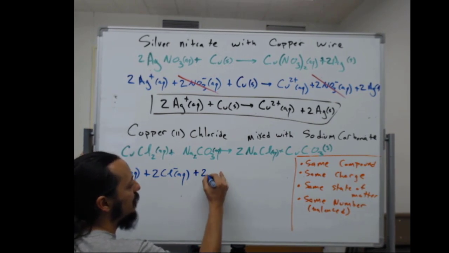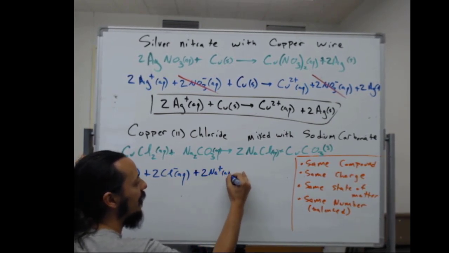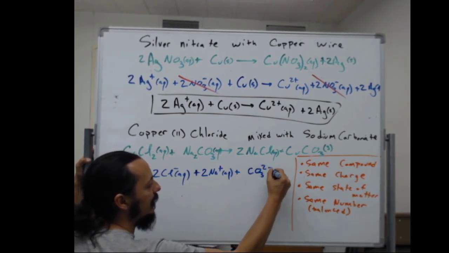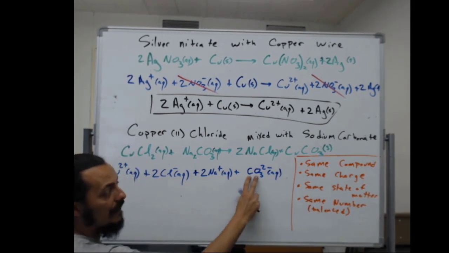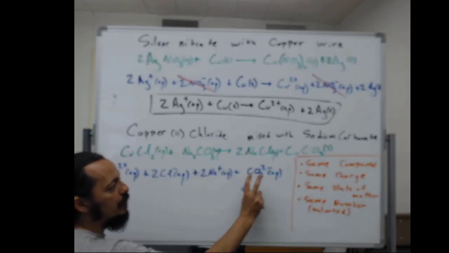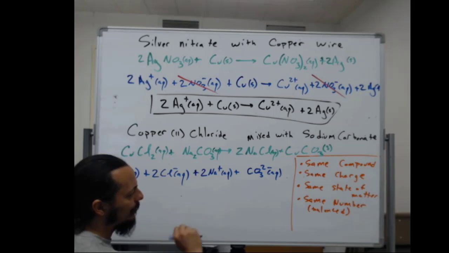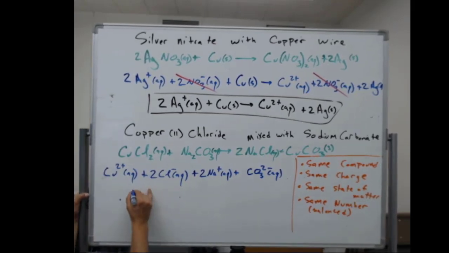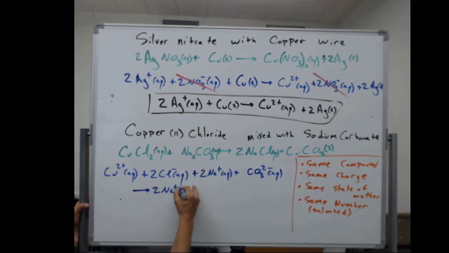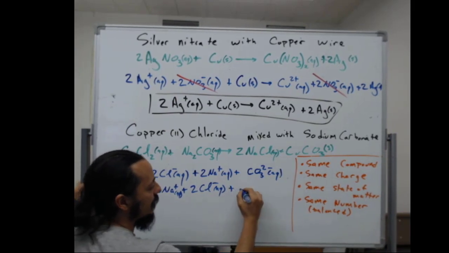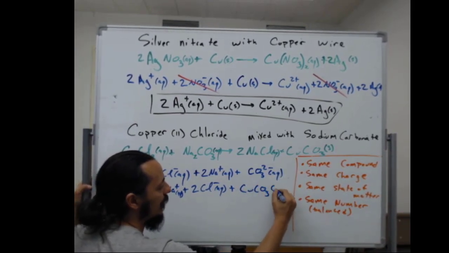I get plus 2 Na+ aqueous, and then plus CO3 2- aqueous. Notice the covalent bonds in this polyatomic ion do not break apart. I leave the covalent bonds between the carbon and oxygens together. Then the arrow, and we'll have 2 Na+ 2 Cl-, aqueous, and plus CuCO3 solid.